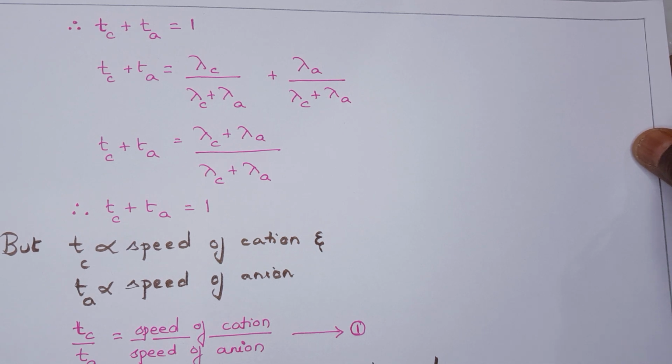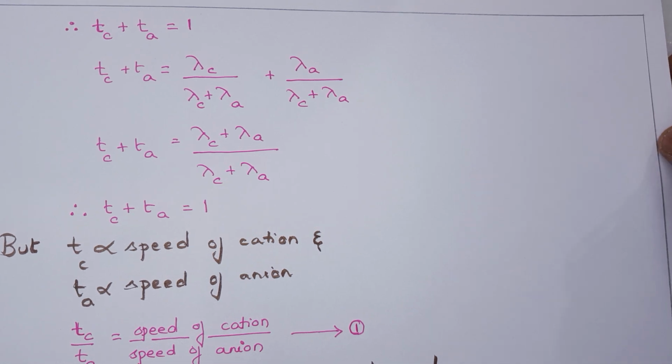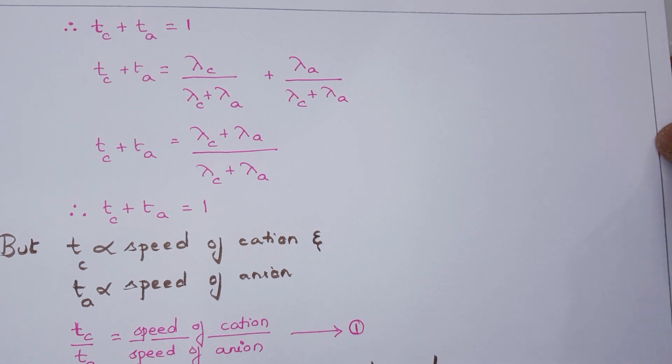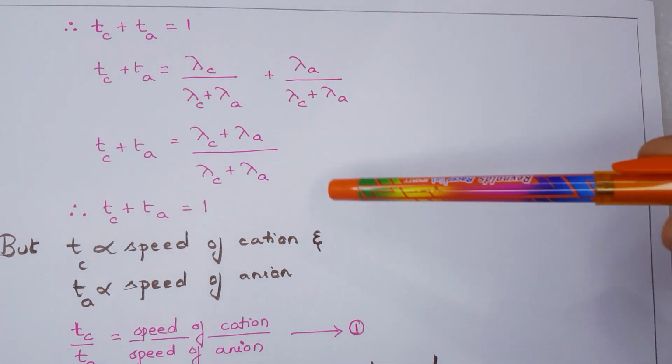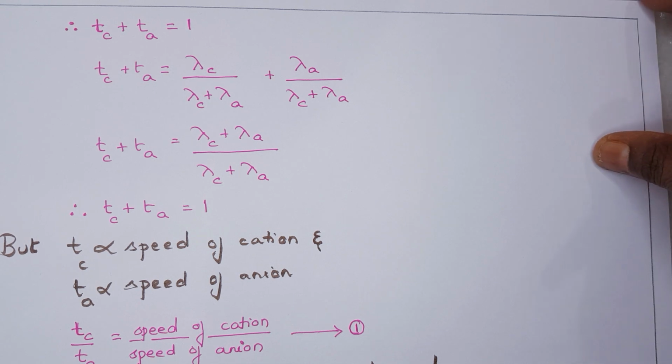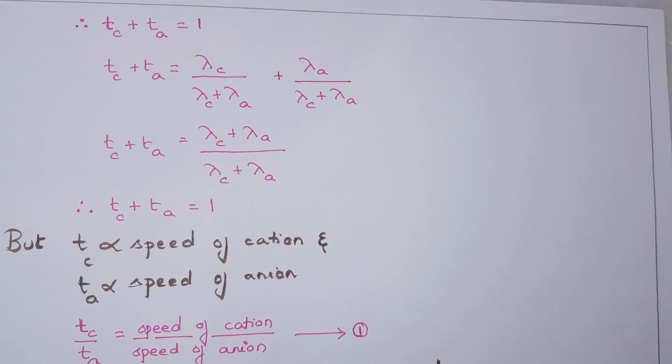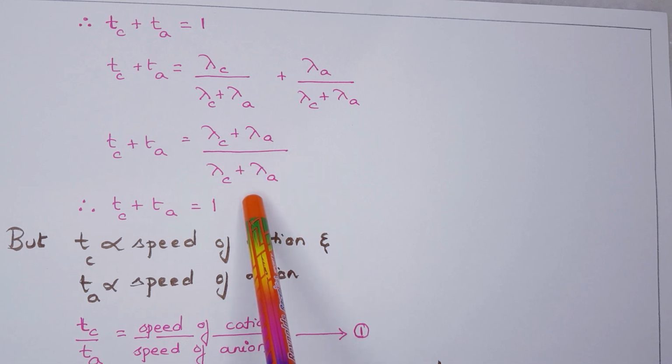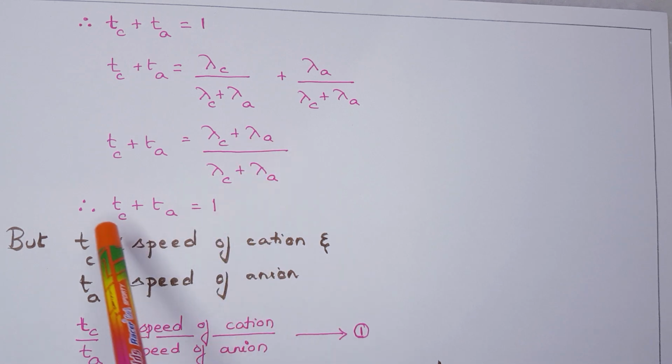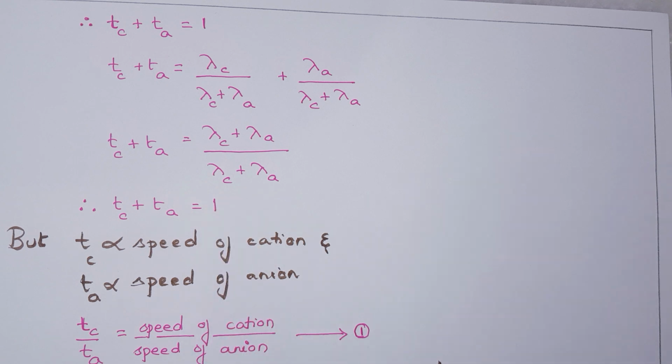Tc plus Ta is equal to lambda C by lambda C plus lambda A plus lambda A by lambda C plus lambda A. After adding, we get lambda C plus lambda A by lambda C plus lambda A. Both get cancelled and the remaining will be 1. Therefore, Tc plus Ta is equal to 1. So the total of the transport numbers of cation and anion will always be 1.